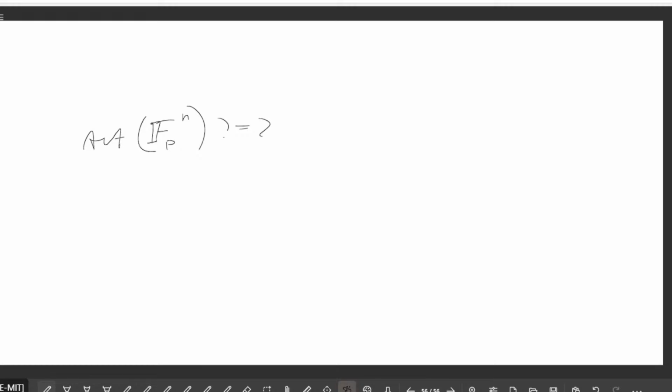Okay. So in this particular case, you have Z2 square. What are the elements in Z2 square?